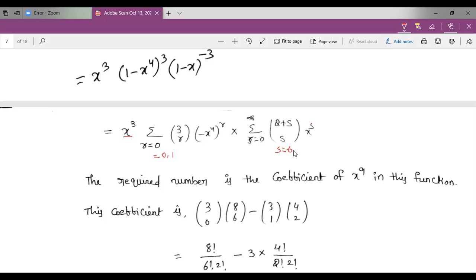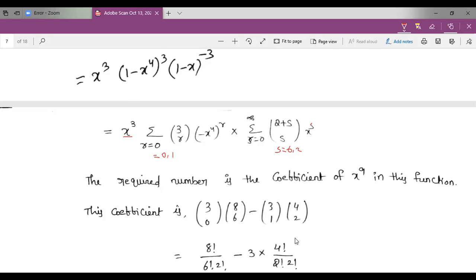So in this case we take the value s is equal to 2. So 2 plus 2, 4, 4C2. So s is equal to 2 here. It gives total value x power 9. Okay. So this is the 3C0 8C6 minus 3C1 4C2.